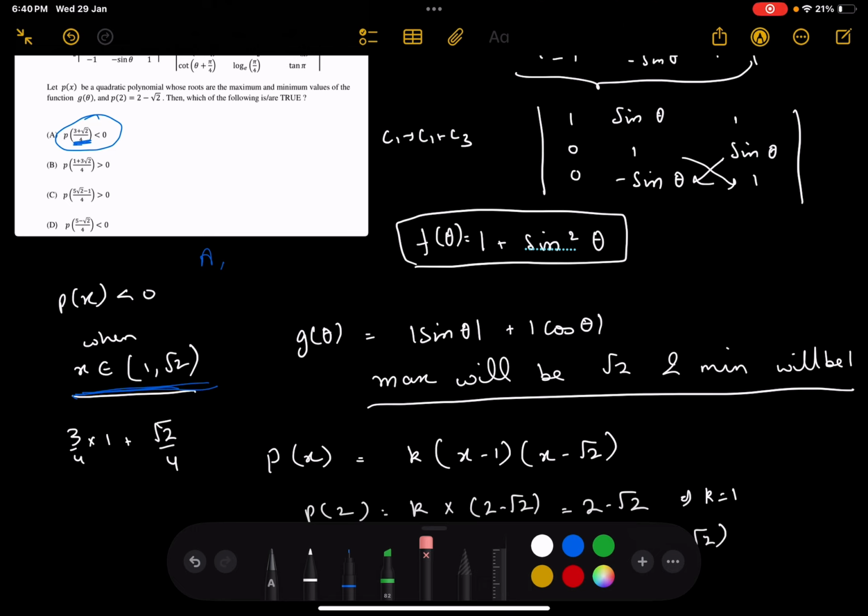B is incorrect because 1 plus 3 root 2 by 4 is greater than 1 and less than root 2.